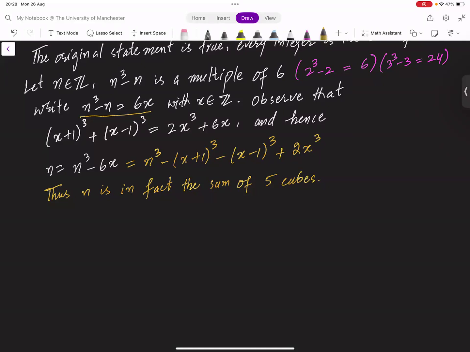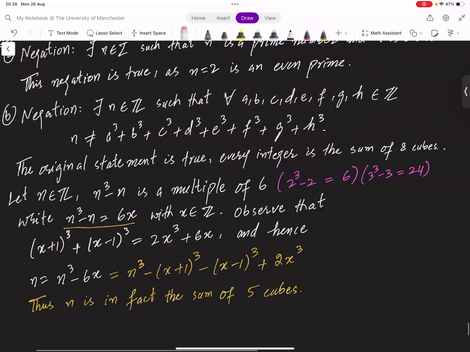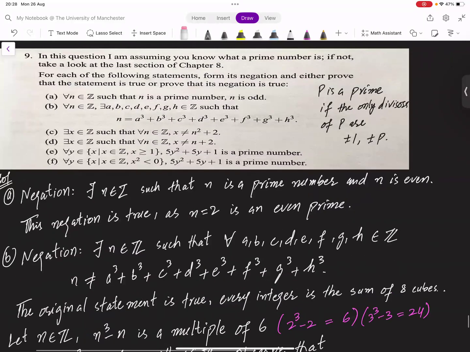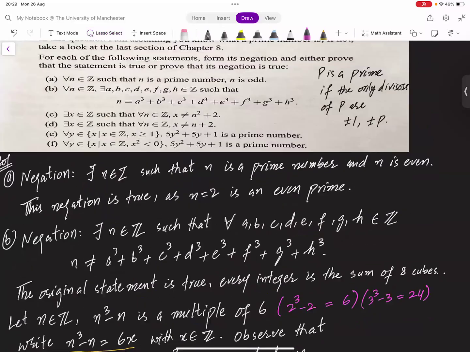What we can just do is to expand this more. Right, okay. Then let's do part C. Part C says, I'm going to just write it with this.